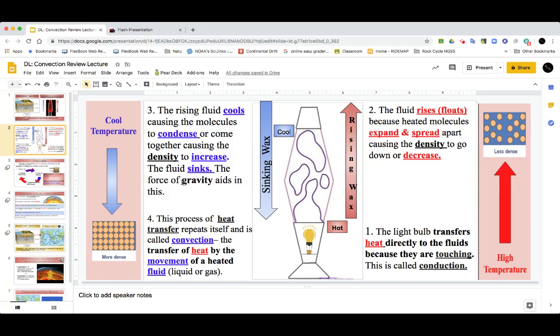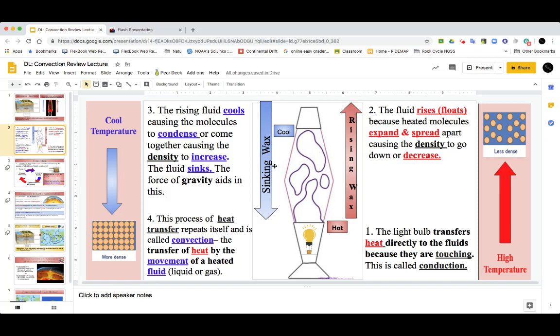So the sinking motion also is happening because of the force of gravity. But I want you to remember, cold fluids sink, hot fluids rise. So we have this colder or cooler wax sinking because the density now increases.